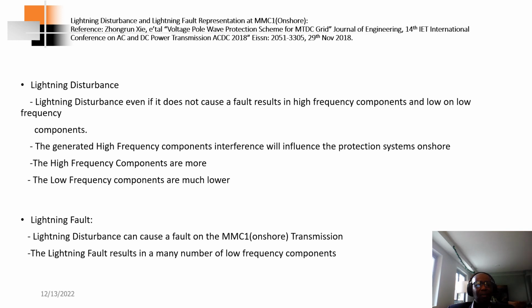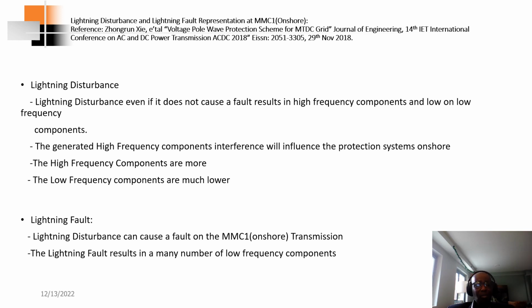As you know, referencing this literature, lightning disturbance, even if it does not cause a fault, always has a high frequency component and also has a low frequency component. So we can utilize that feature. The high frequency components are much greater, and the low frequency components are much lower.